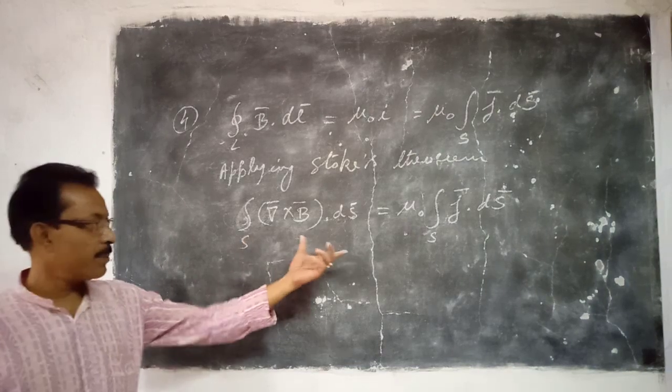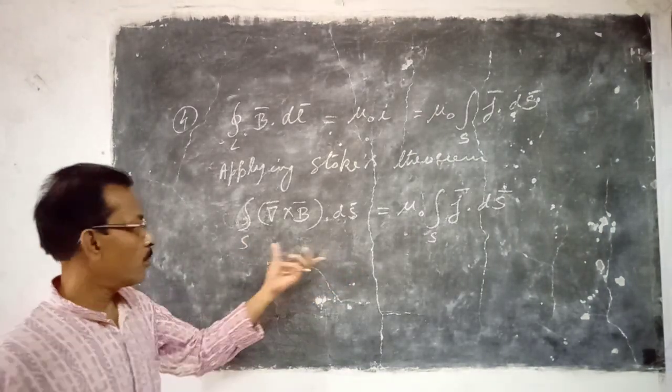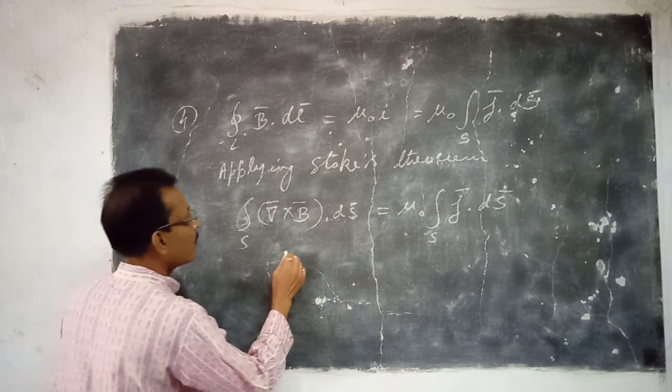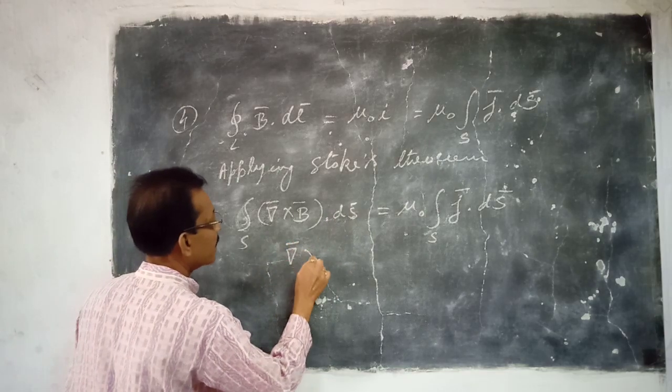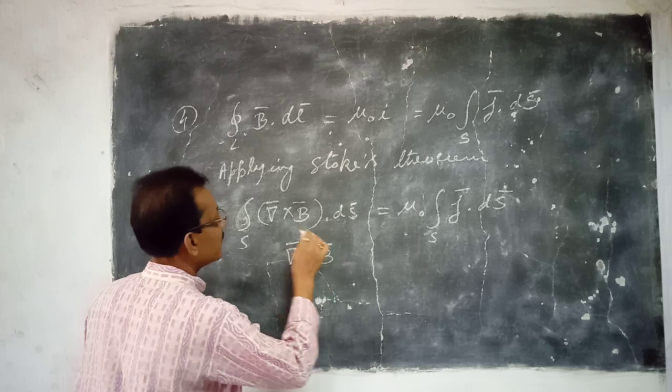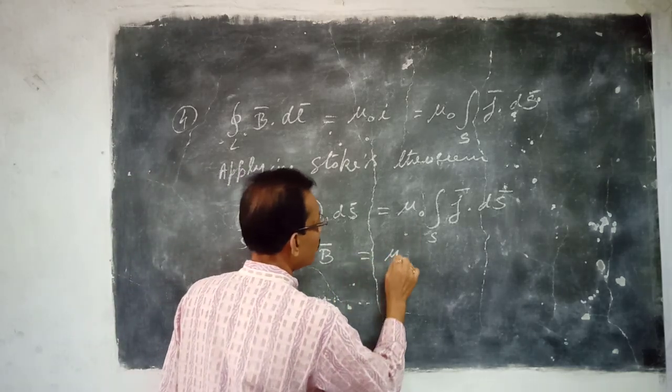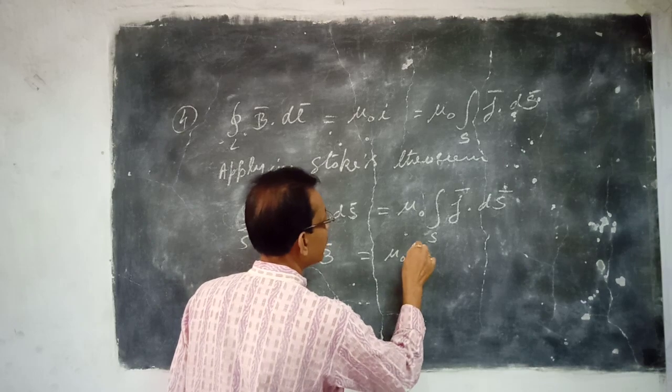So again the same surface integrals are involved on both sides and they are equal. Therefore, their integrands must be equal. From that we can write that curl of B must be equal to mu 0 times J.